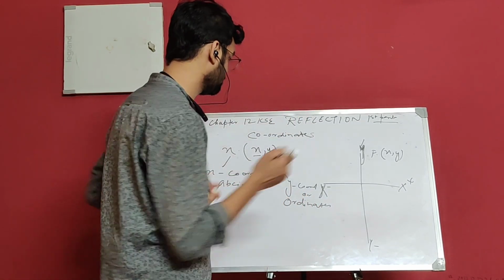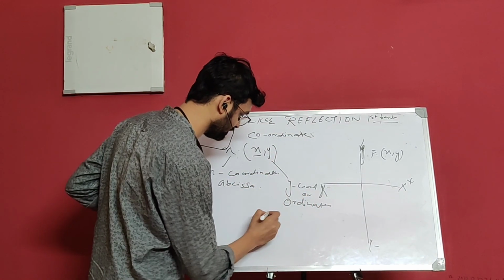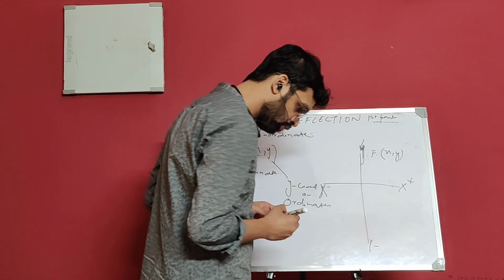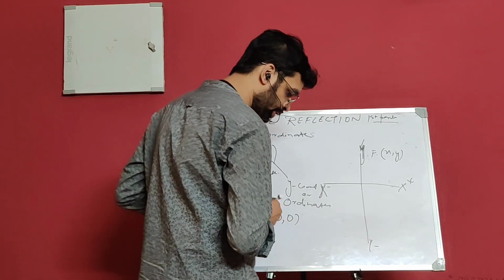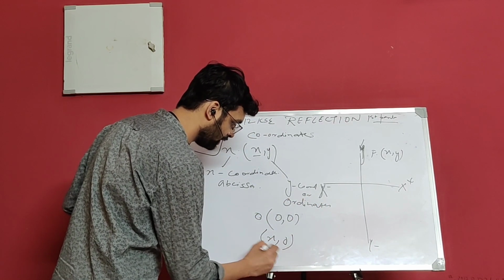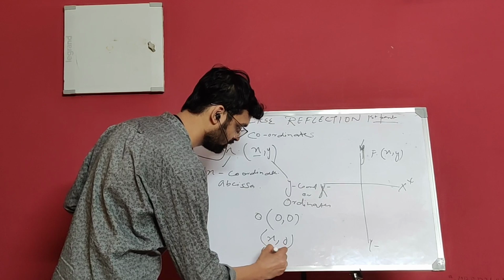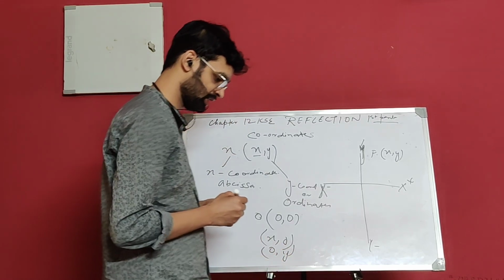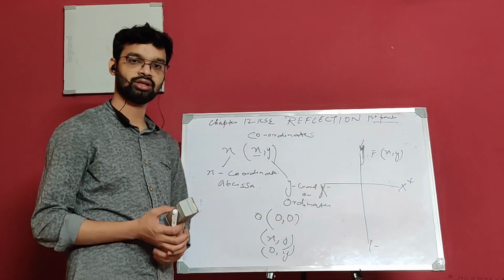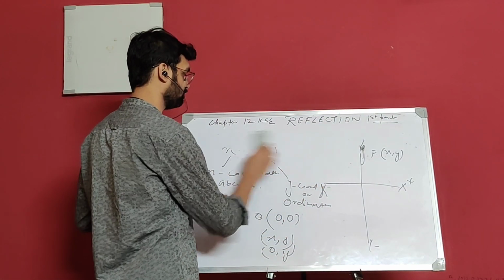If someone asks what is the coordinate of the origin, it has to be (0, 0). A point on the x-axis is (x, 0), and a point on the y-axis is (0, y). Correct? I think you understood till now. These were just basic graphs.